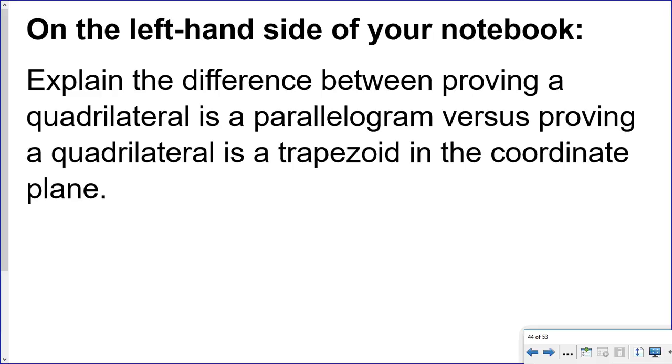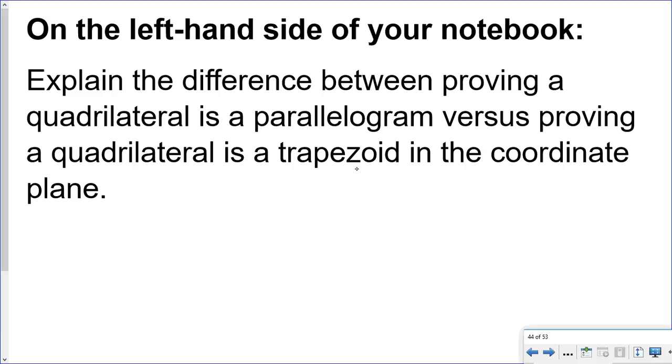All right, so hopefully you said something like, because we just talked about it, if it's a parallelogram, then you would show that you have two opposite pairs of parallel sides. So you find slope, and then you decide if they're parallel or not.